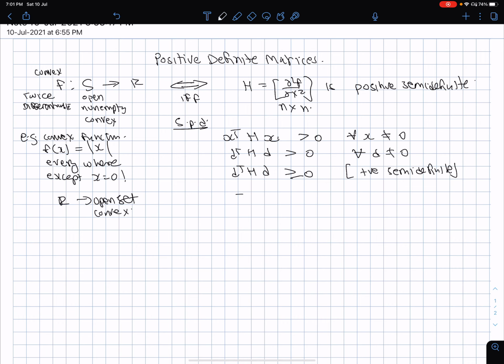And if minus H is positive definite, then we say that H is negative definite. And if minus H is positive semi-definite, then we say H is negative semi-definite.